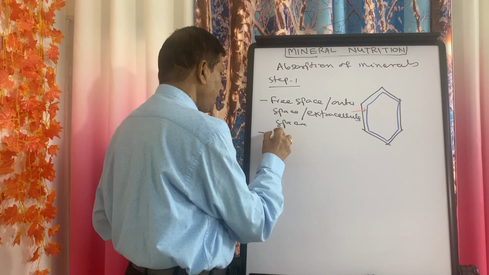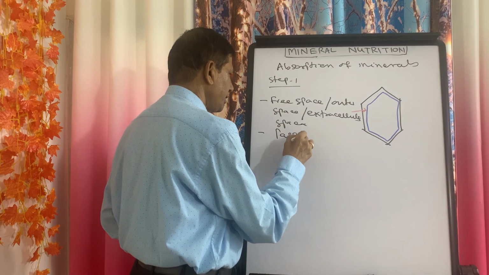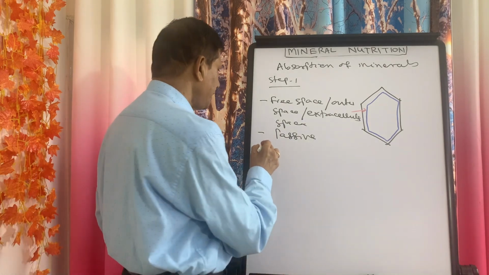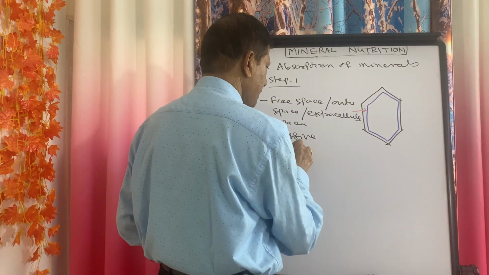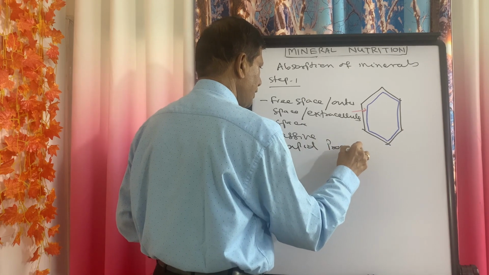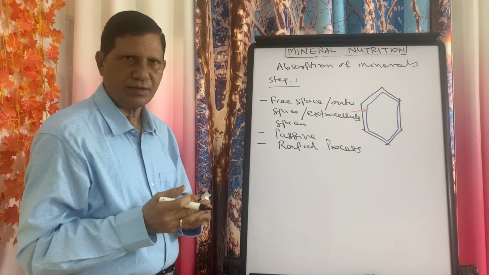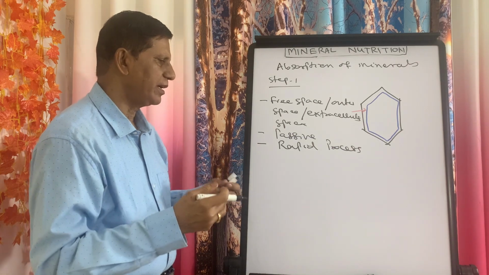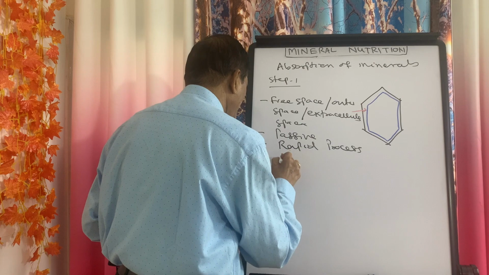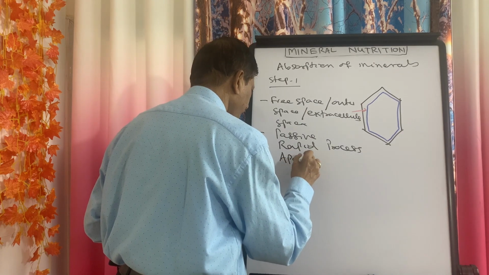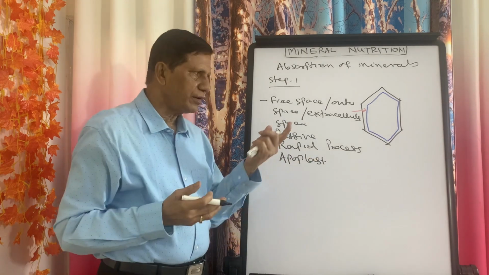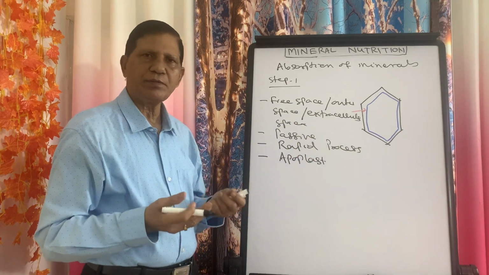Now this is a very passive process. That means it doesn't require energy, and this is a very rapid process. Since there is nothing to obstruct it, it takes place very rapidly, and usually this is apoplastic movement, because here the cytoplasm or the protoplasm is not involved.